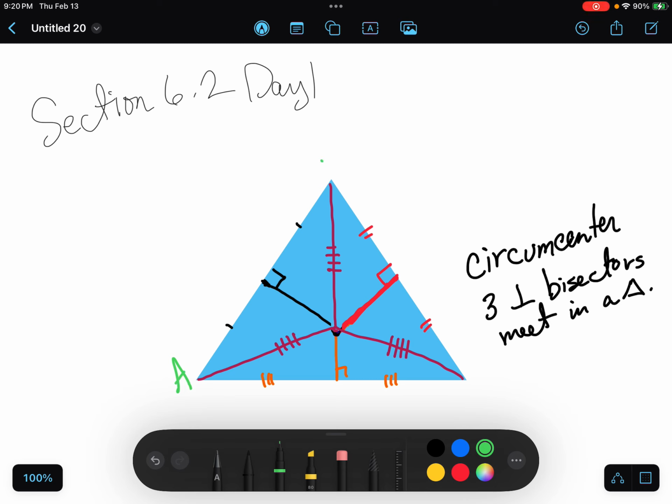First of all, this is A, this is B, and this is C. If they give you this line from here to here is 10, this line from here to here would be 12, which I'll put in black because green's hard to read. And then this line here is going to be 6.